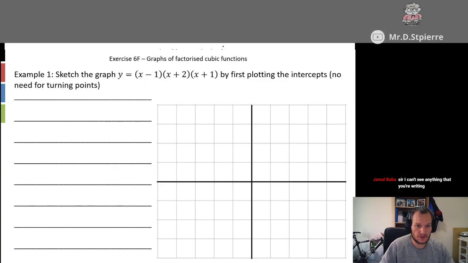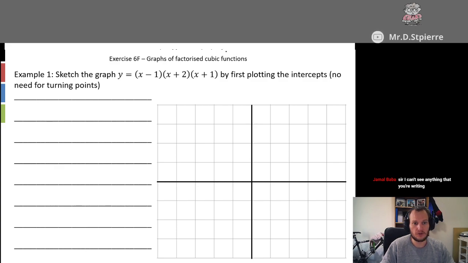So we've got intercept, intercept, intercept. We could have one that comes up, goes down, and goes back up through, something like that. Or we could have it the other way around. It starts by coming down, up, back down through, and goes like that. Those could be the 2 versions that we could have.